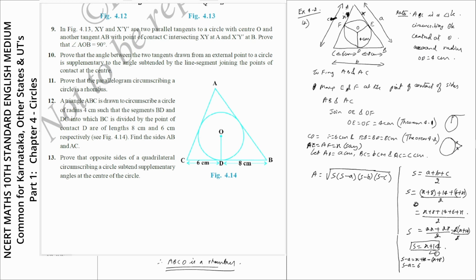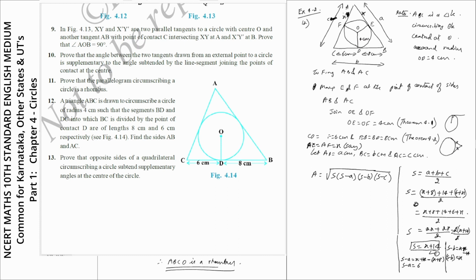Similarly in equation 1, if I subtract B on both sides, S minus B is equal to X plus 14 minus B. B is 6 plus 8 centimeter, that is 14. So 14 minus 14 will get cancelled. S minus B I will get as X.